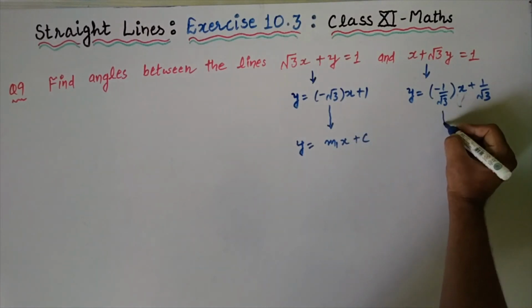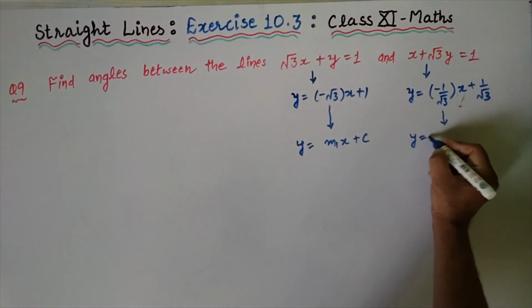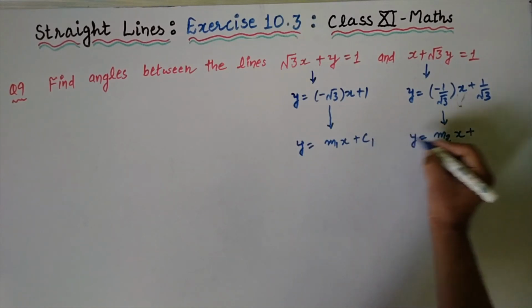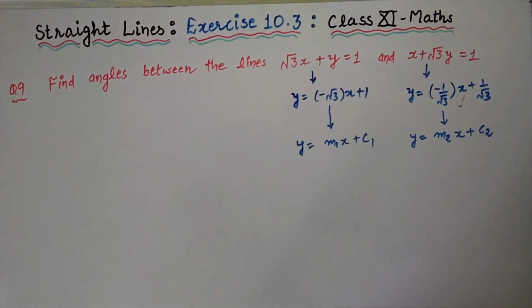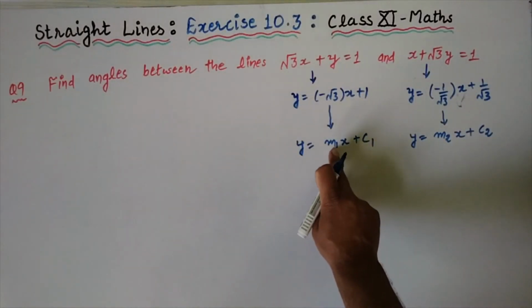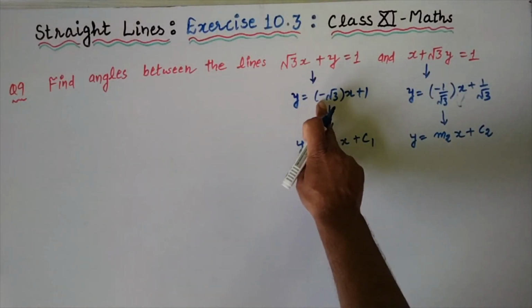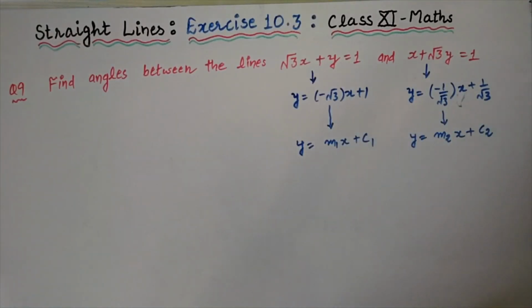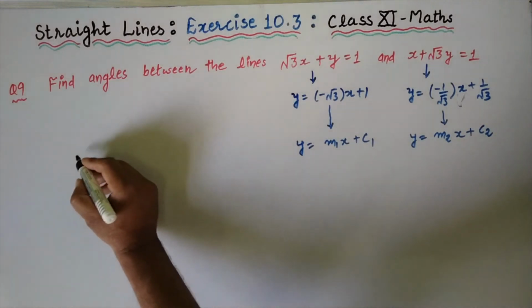We say this as y is equal to m1x plus c1, and this equation becomes y is equal to m2x plus c2. m1, the slope of the first line, is minus square root 3, and m2, the slope of the second line, is minus 1 upon square root 3.